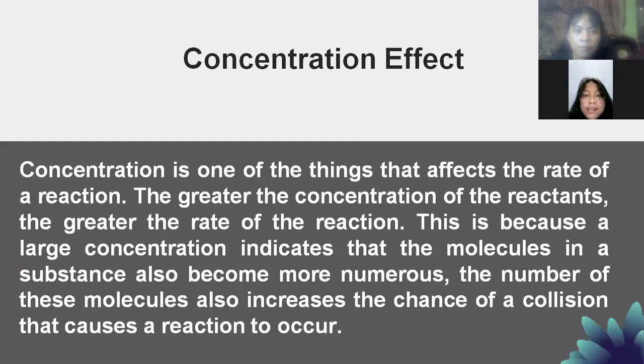Concentration is one of the things that affects the rate of a reaction. The greater the concentration of the reactants, the greater the rate of the reaction. This is because a large concentration indicates that the molecules in a substance are more numerous. The number of these molecules also increases the chance of a collision that causes a reaction to occur.